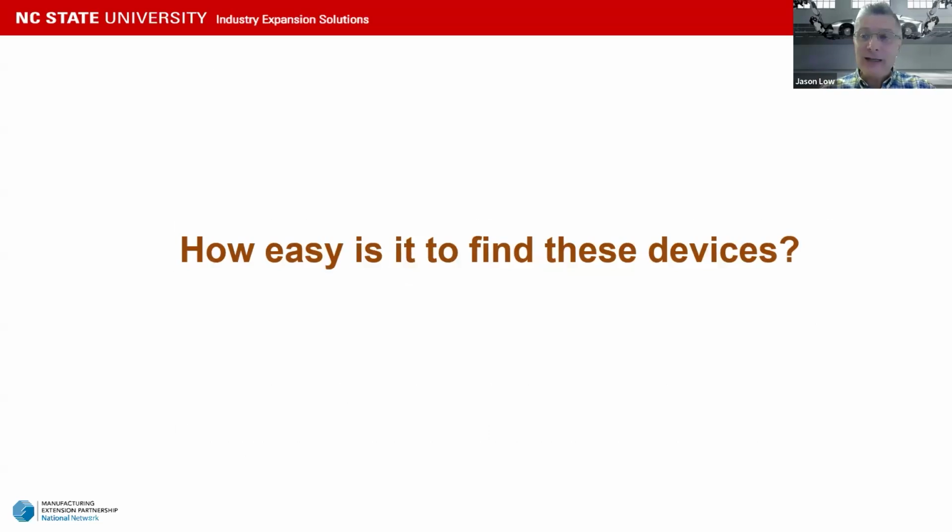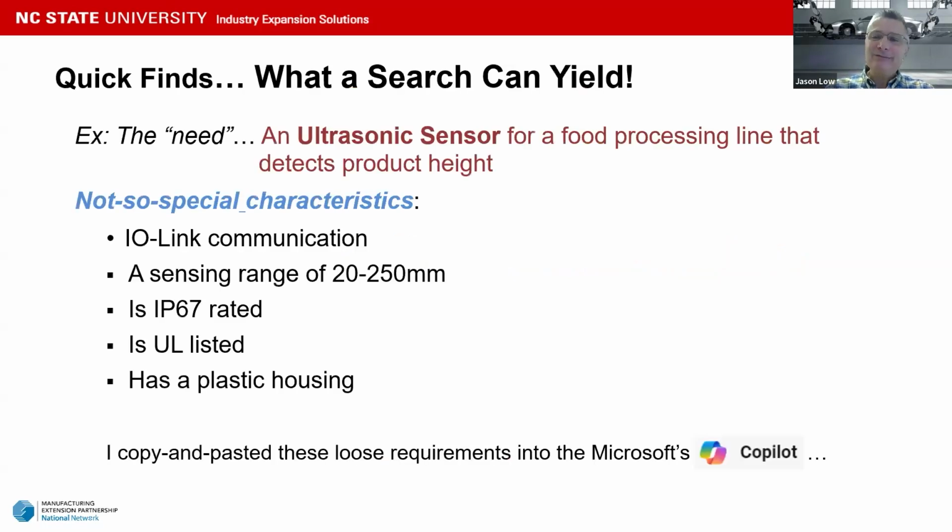So how easy is it to find these devices? I wanted to leave you with one search that I did right before this webinar that I thought was pretty cool. I came up with a very fictitious application where I can use an ultrasonic sensor to determine the height of a food product, perhaps along a conveyor.